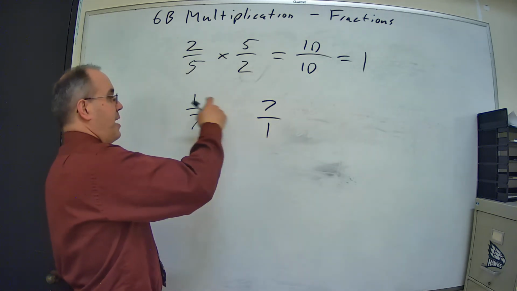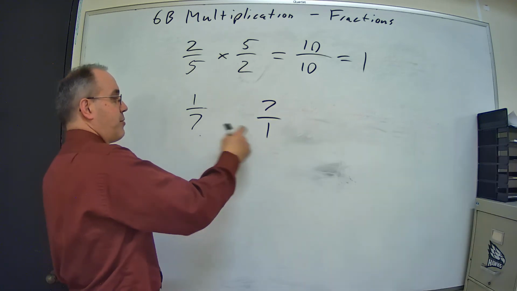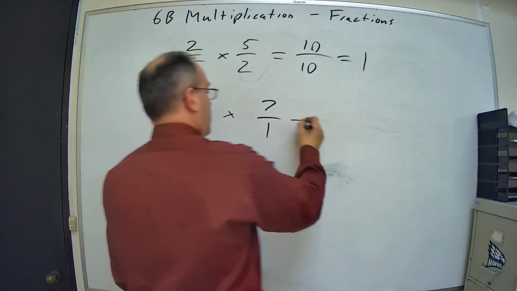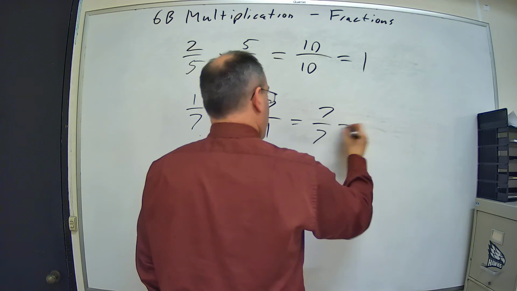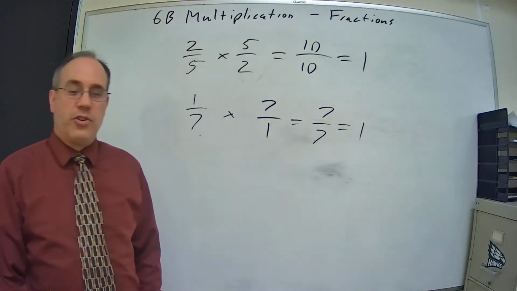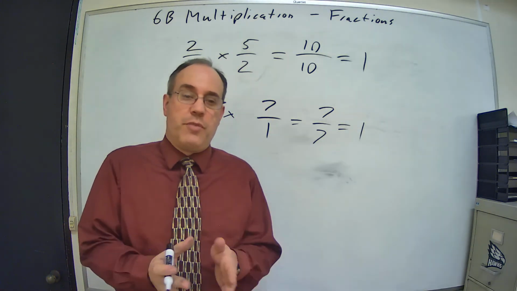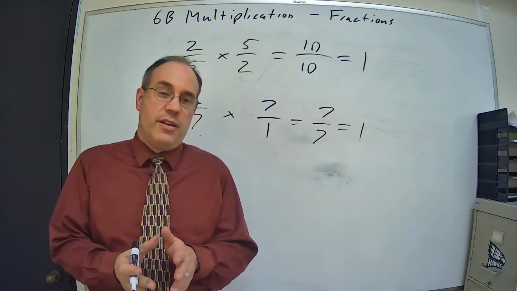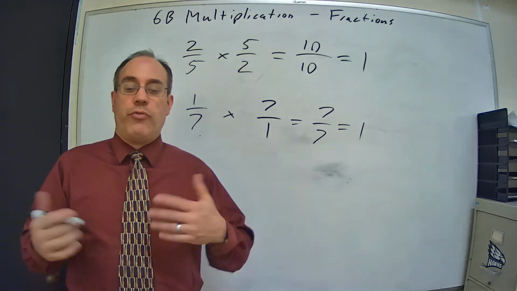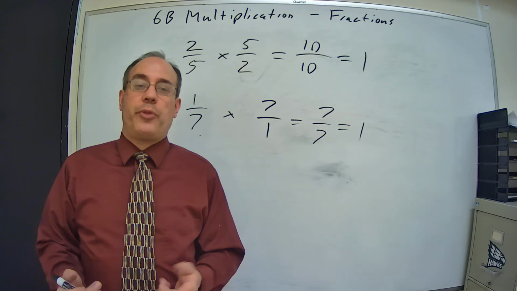If I multiply them together, 1 times 7 is 7, 7 times 1 is 7, which is equal to 1. So if you take any two numbers that you can multiply by each other and you get the result of 1, those two numbers are multiplicative inverses.